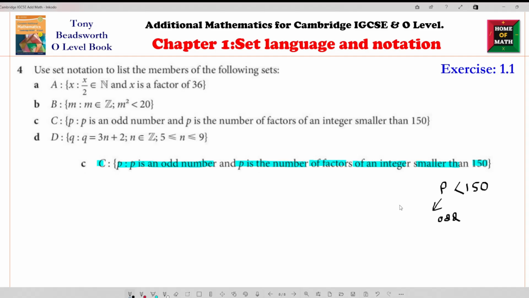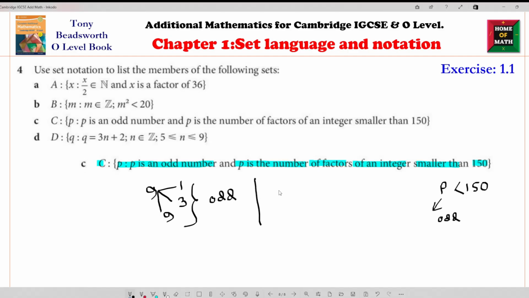Look, I have to clear something. Suppose 9, where we can divide by 1, we can divide by 3 and we can divide by 9. So 9 has 3 factors, which is odd.